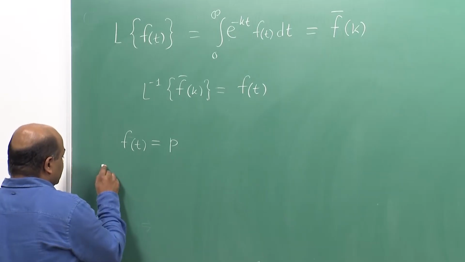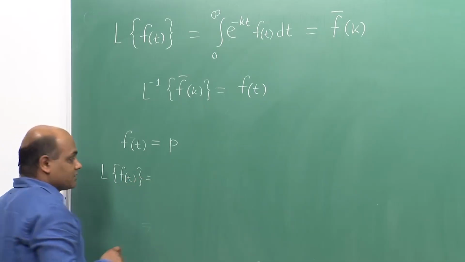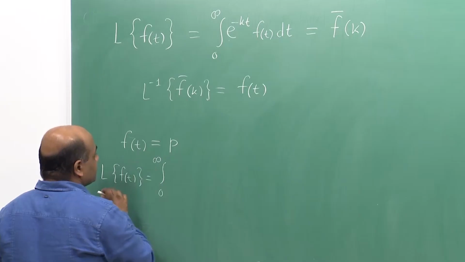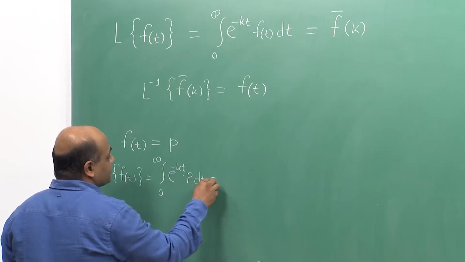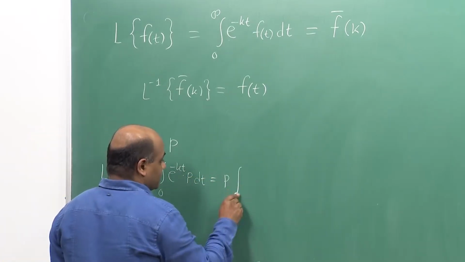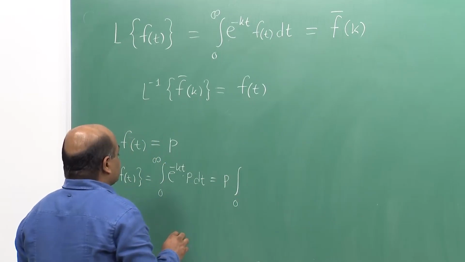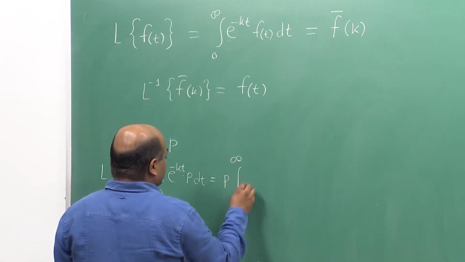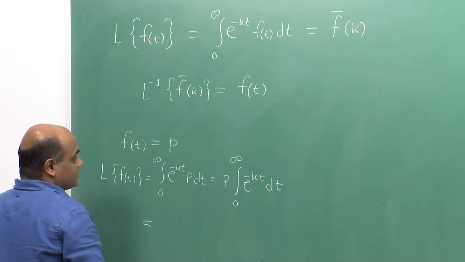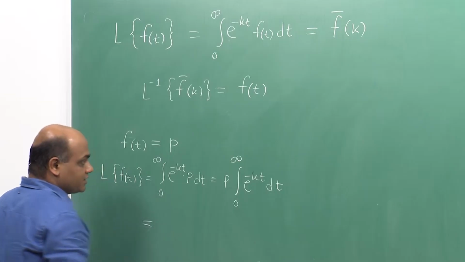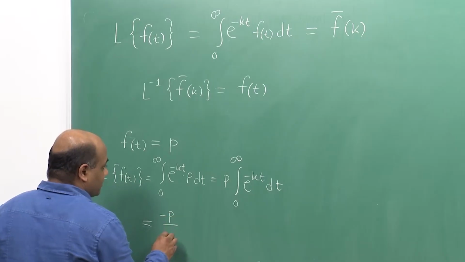We can write the Laplace transform of f of t as the integral from 0 to infinity of e to the power minus k t times p dt, and p is a constant, so we can take it out of the integral. The integral from 0 to infinity of e to the power minus k t dt, the integral of e to the power minus k t is minus 1 by k e to the power minus k t.